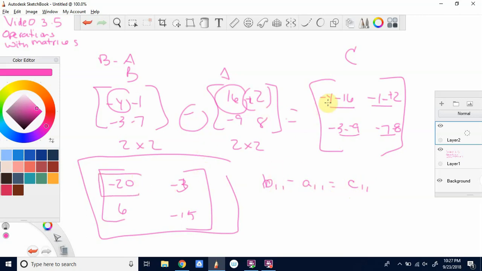So B11 is negative 4 minus A11, which is 16. The result is negative 20, and it's going to live in matrix C, row 1, column 1. That's really important that you get that straight. Go ahead and pause it and do guided practice 2A, 2B, and 2C.